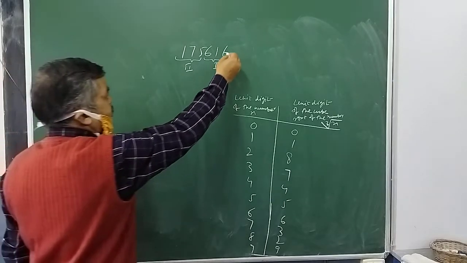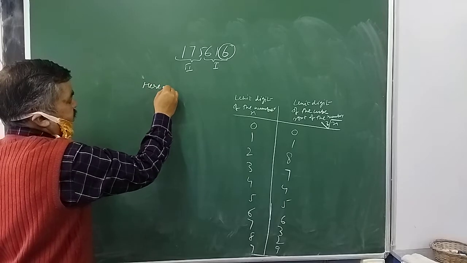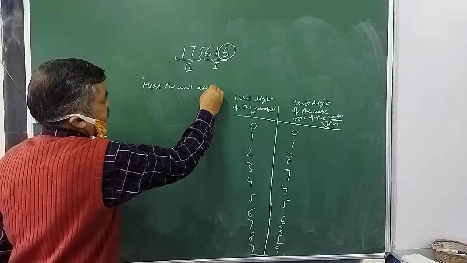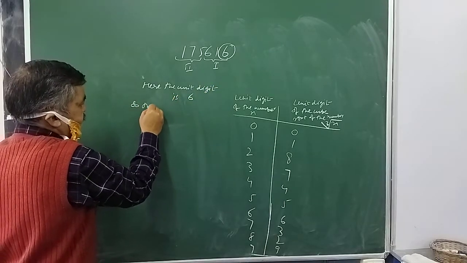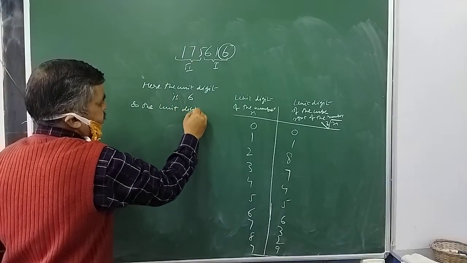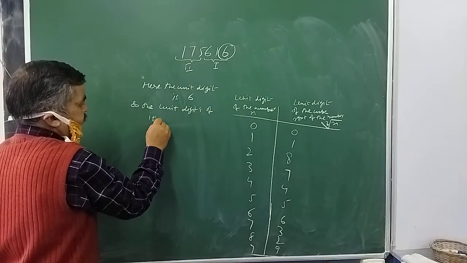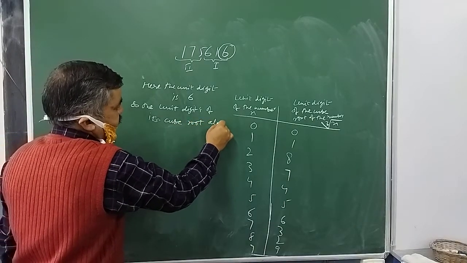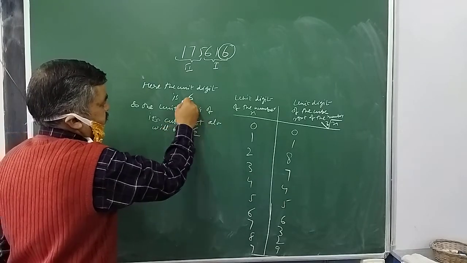Now you just keep a watch upon the unit digit of the number. Here the unit digit is 6. So the unit digit of its cube root also will be 6, as I told you.